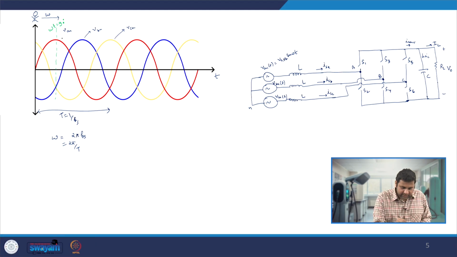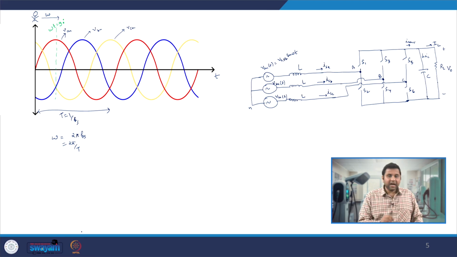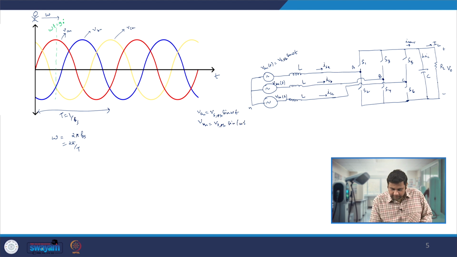And since all the three voltages are 120 degree apart from each other, we can write VAN is Vs peak sin omega t, VBN obviously varying with time, Vs peak sin (omega t minus 120), VCN Vs peak sin (omega t minus 240).